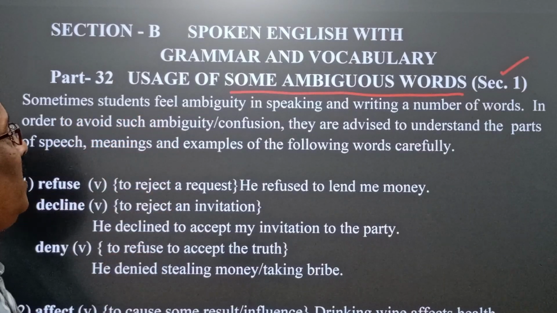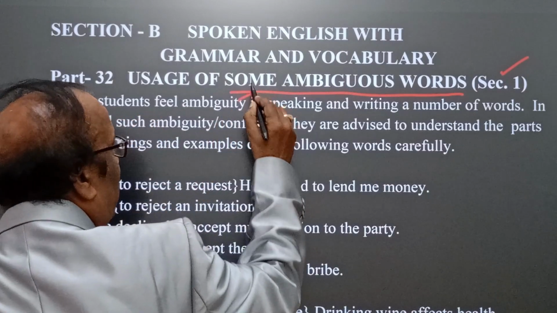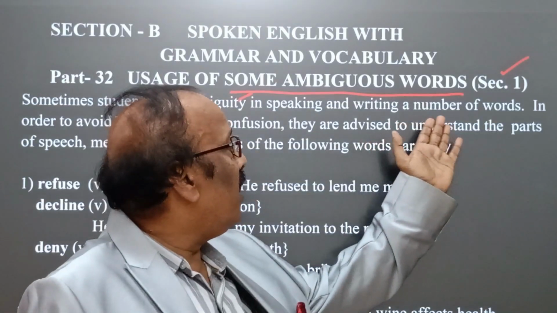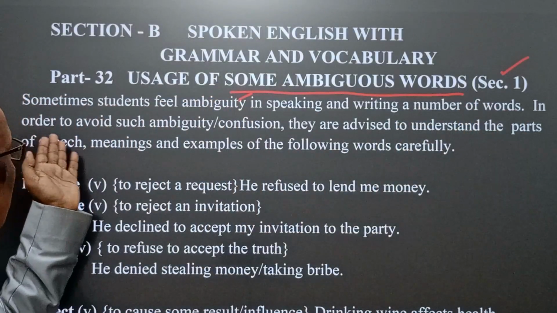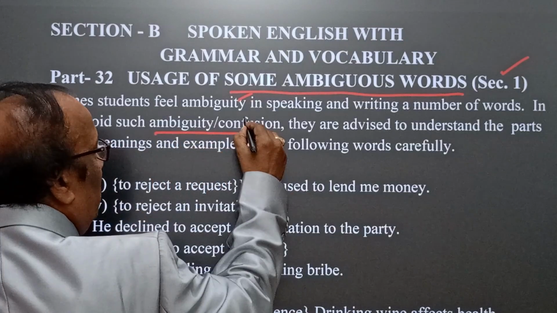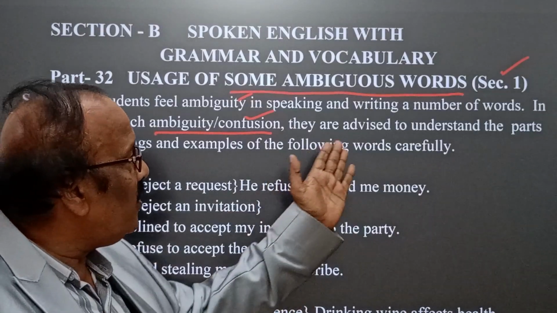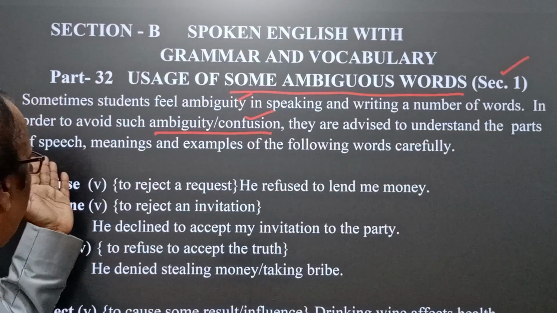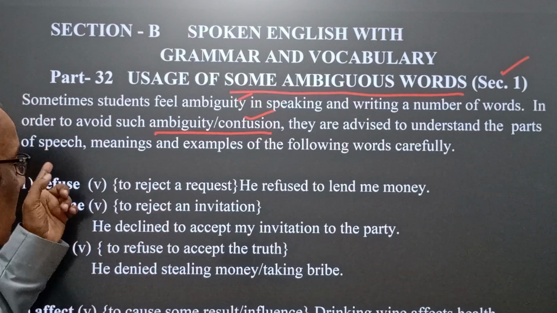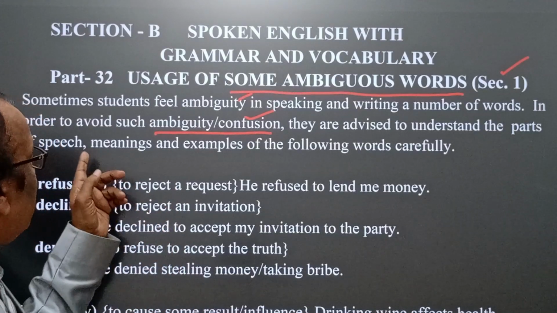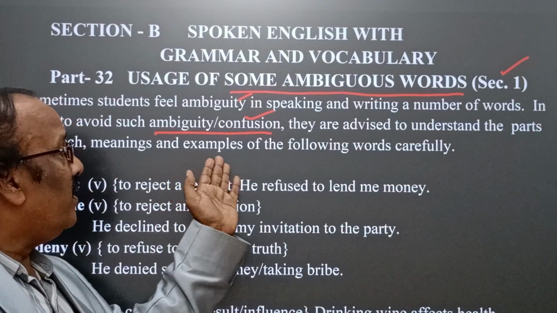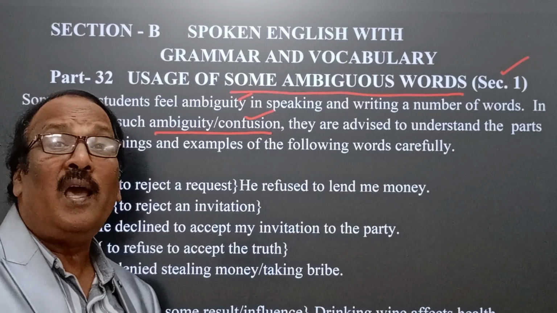Sometimes students feel ambiguity in speaking and writing, as I have already told you, with a number of words. In order to avoid such ambiguity, meaning confusion, they are advised to understand the parts of speech of every word, side by side with the meanings of words, and again the examples following the words carefully.